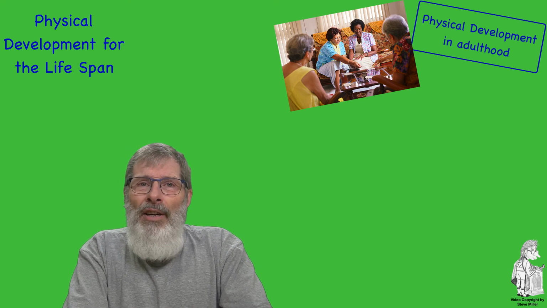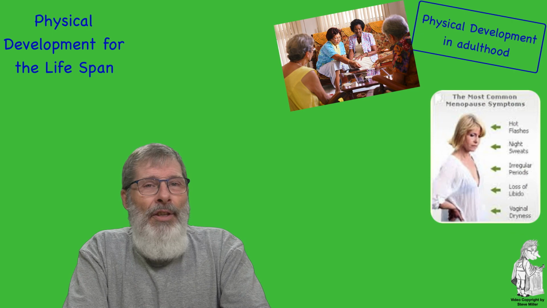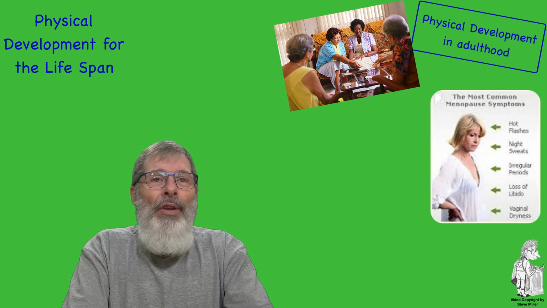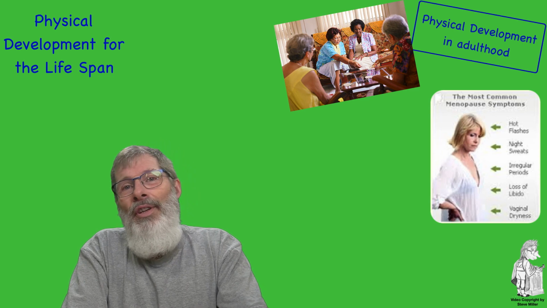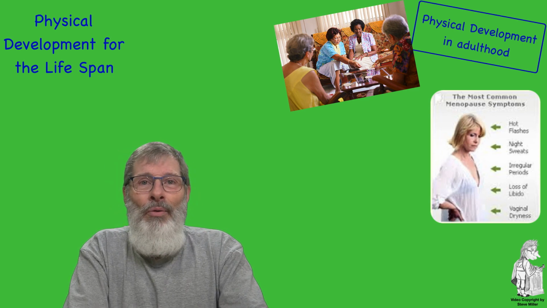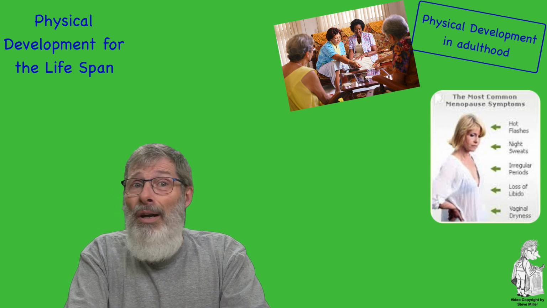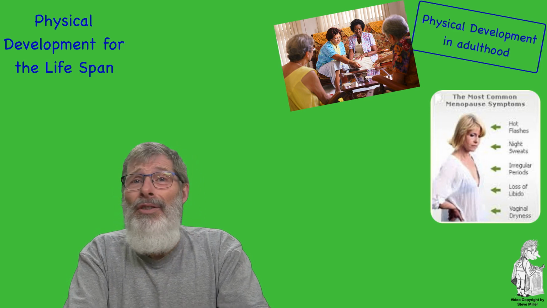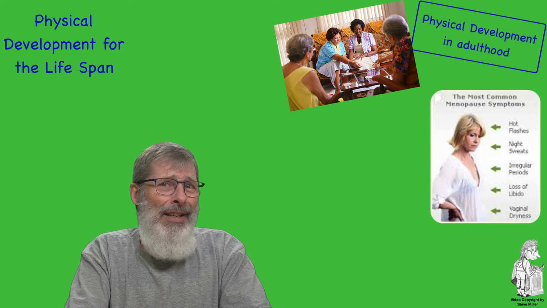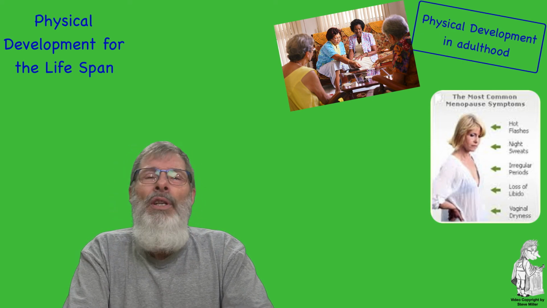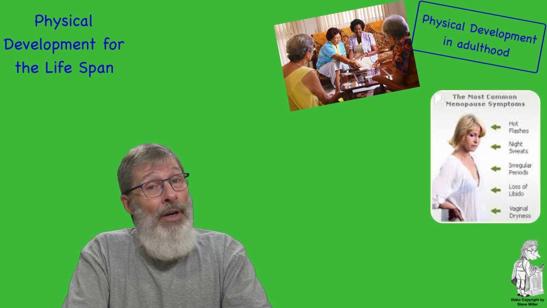Now, for women, menopause is the final phase of the climacteric, or the decline in female sex hormone secretion. Ovulation comes to an end. Loss of bone density, hot flashes, loss of sleep, some anxiety and depression can occur, and it occurs in women usually between the ages of 45 and 55.